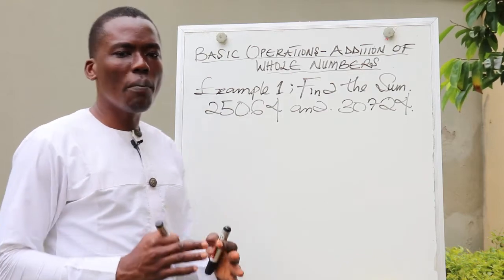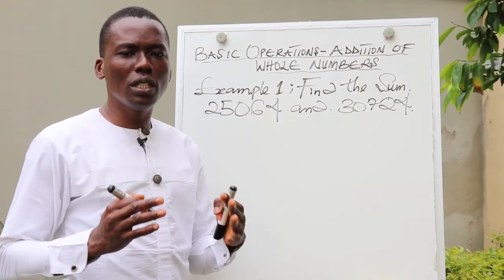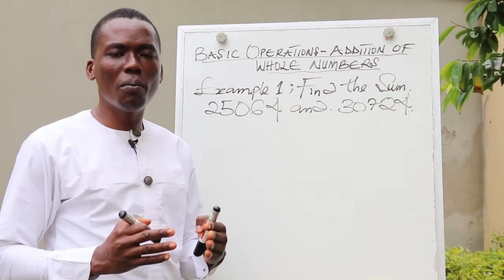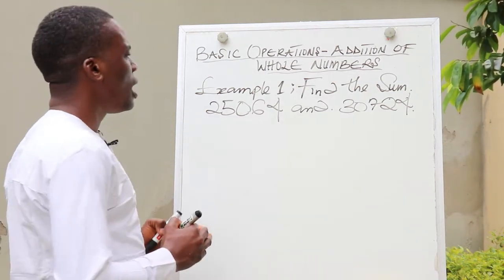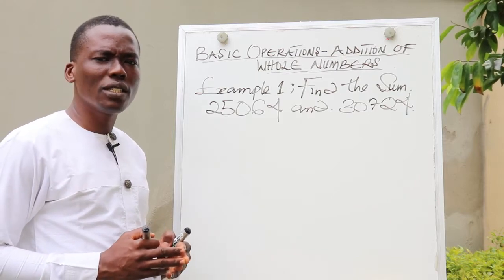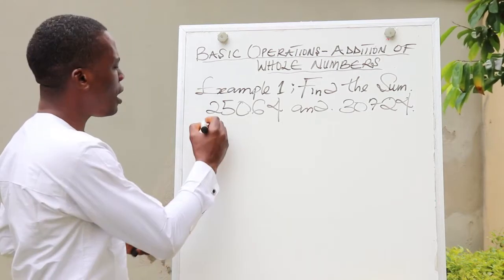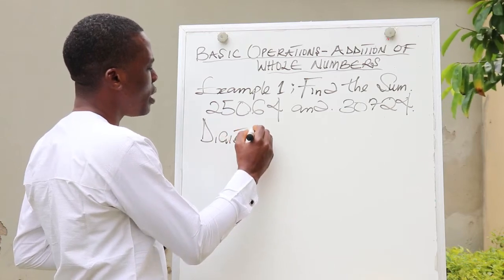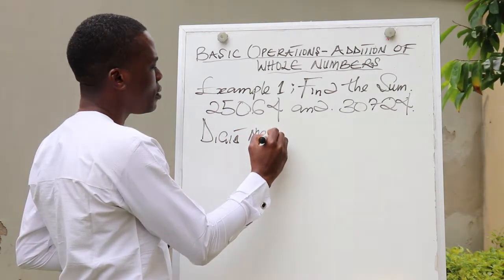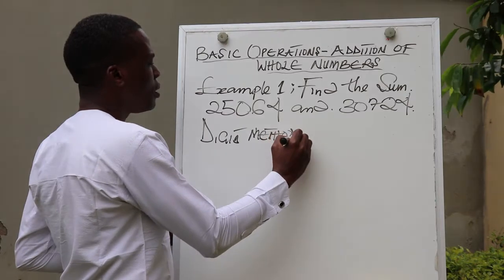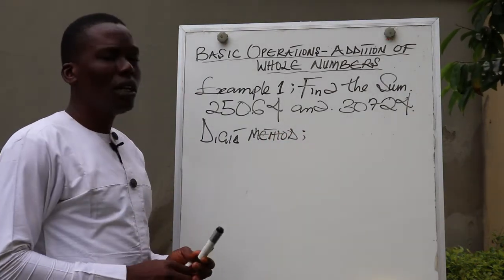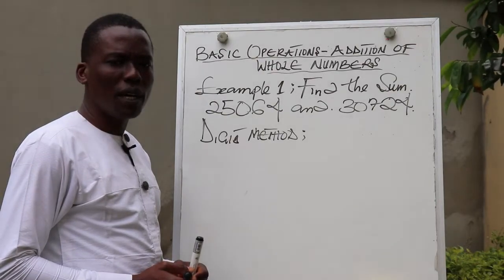Now for us to add these numbers using the digit form method, we have to write these numbers in their short form. How do we go about writing these numbers in their short form? Remember, I told you we'll be using the digits form method. In the digit form method, we have to write these numbers in their various place values.